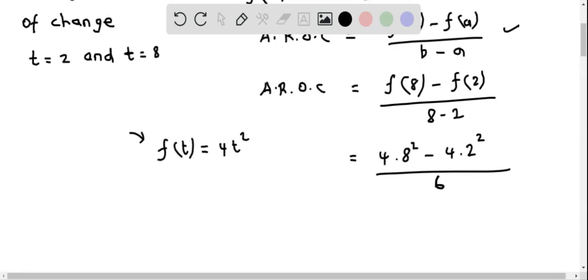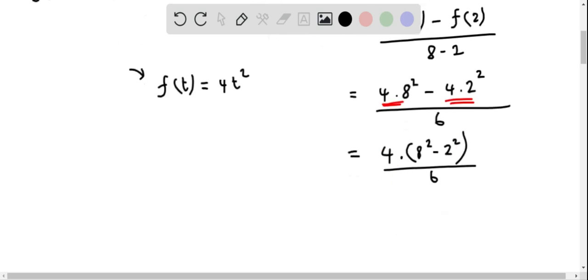Now let's simplify this. From these two terms, that is 4 times 8 squared and 4 times 2 squared, I can factor out 4. So when I factor out 4, I get 8 squared minus 2 squared, divided by 6.